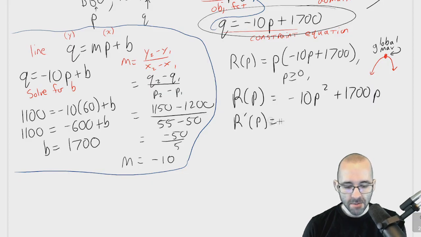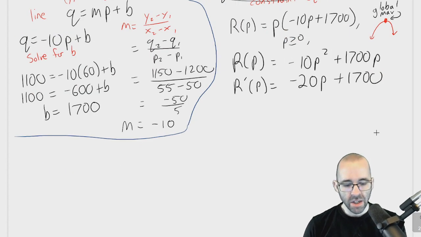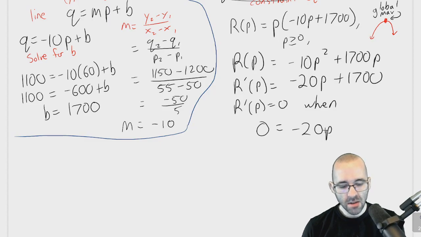So r prime of p is its derivative, which is negative 20p plus 1700. We need to find the global maximum. That's at the vertex, so that's going to be a critical point. R prime of p equals 0 when 0 equals negative 20p plus 1700.